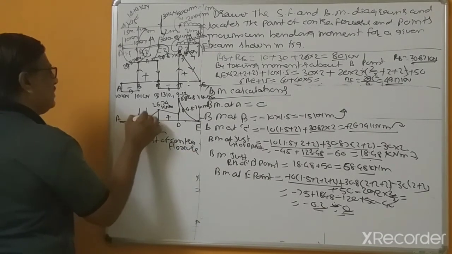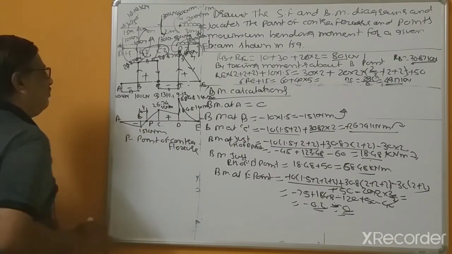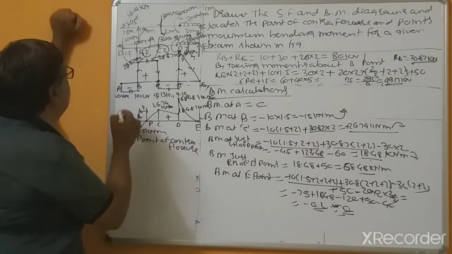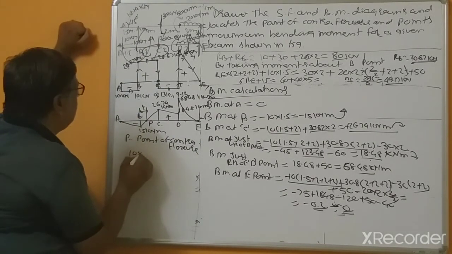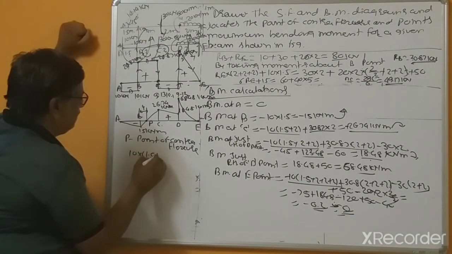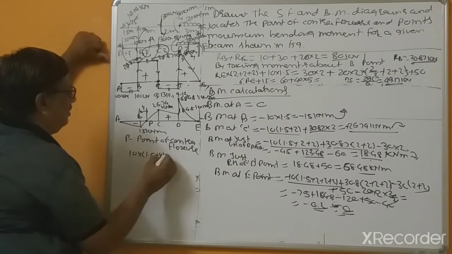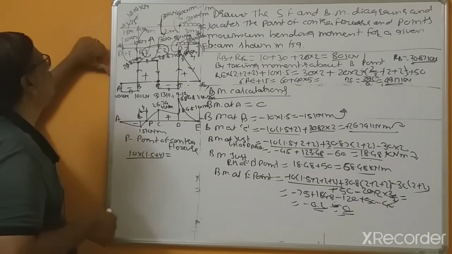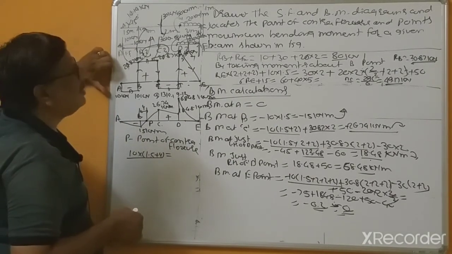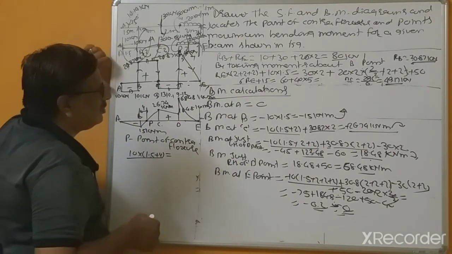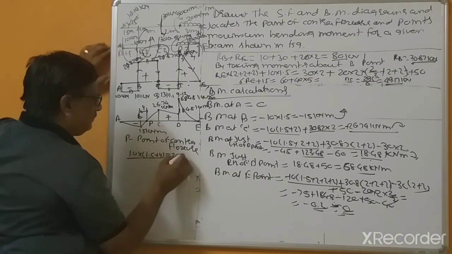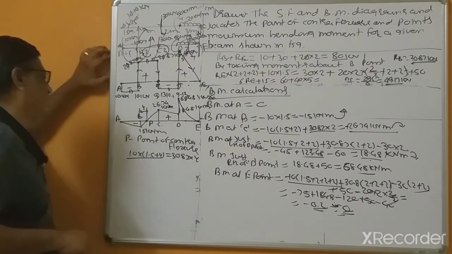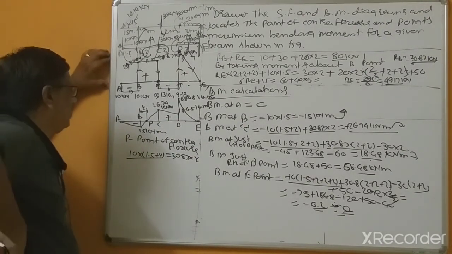Now this distance equal to, suppose, y. So simply 10 into 1.5 plus y equal to, this is anti-clockwise moment, and clockwise moment RB equal to how much? 30.87 multiplied by y, right?